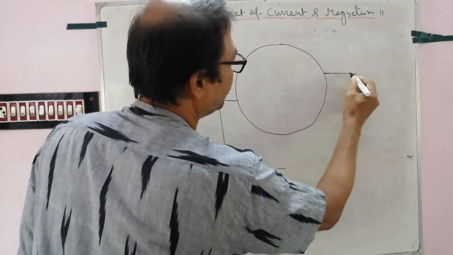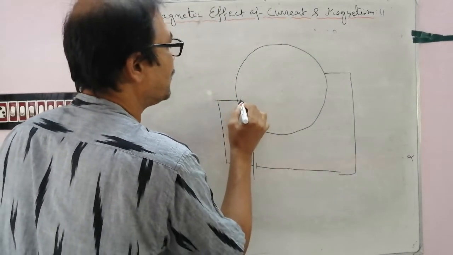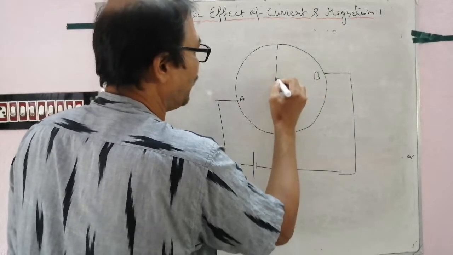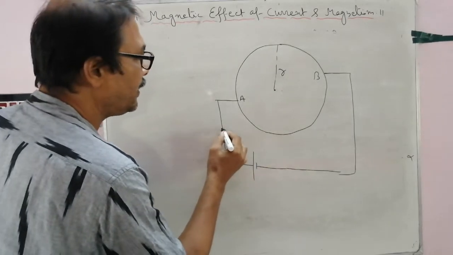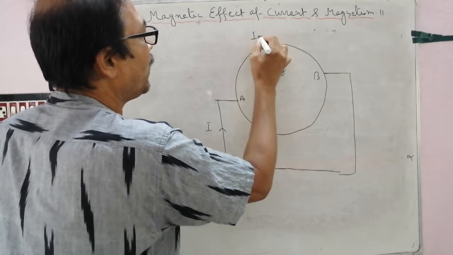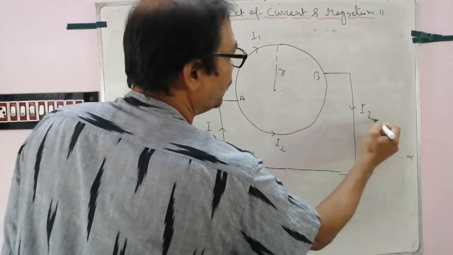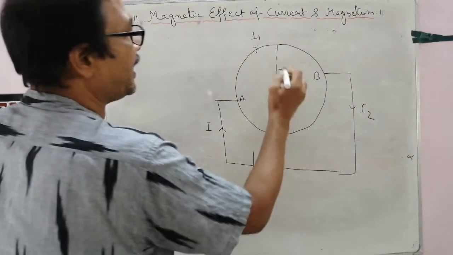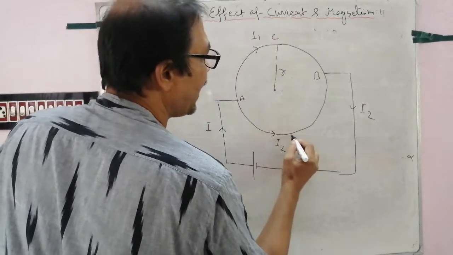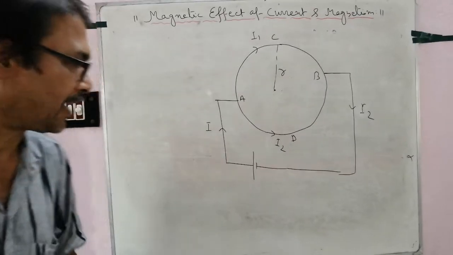This is A, this is B. This is the center, the radius of the wire is R. The current I, in this portion I1, in this portion I2, and total current I. Follow. There are two portions, the upper portion and lower portion, suppose this is ACB and ADB. ACB portion and ADB portion, these two wires are connected in parallel. Clear?